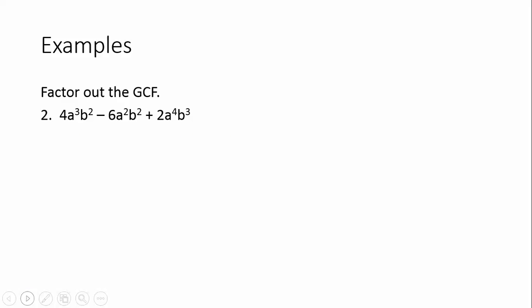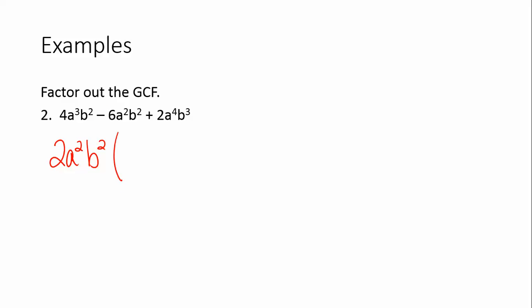Go ahead and try this one. 4a cubed b squared minus 6a squared b squared plus 2a to the 4th b cubed. So I can factor out a 2, a squared, a cubed, a squared, a to the 4th. And then as far as b goes, I can factor out a b squared.